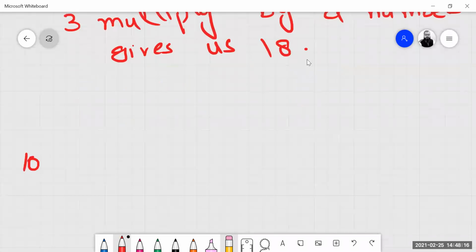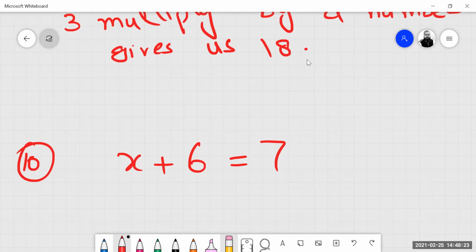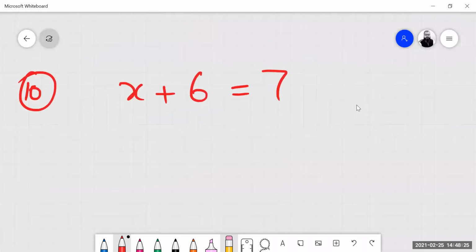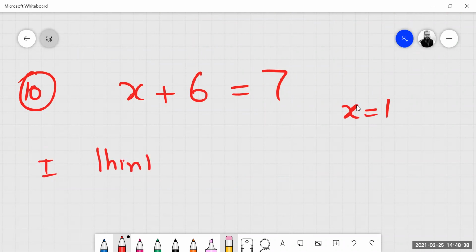Now what is number 10? 6 plus something. So what will be the answer for this? 1. What should we write? A number plus 6 will give us 7.